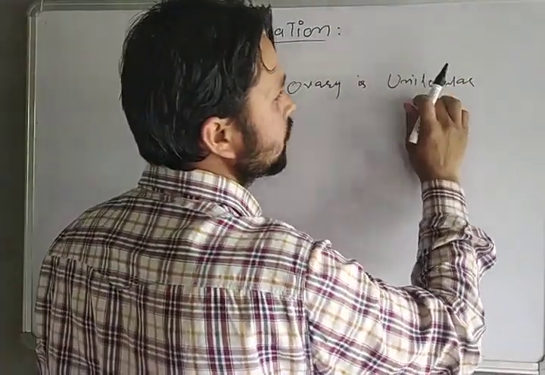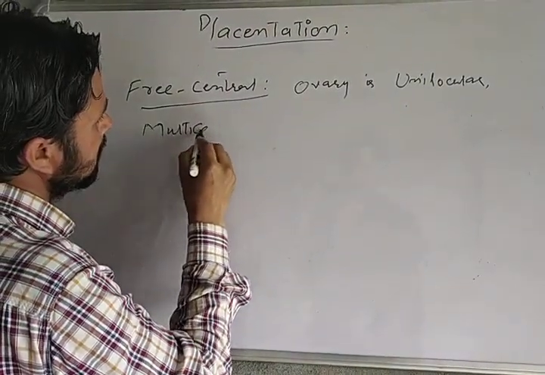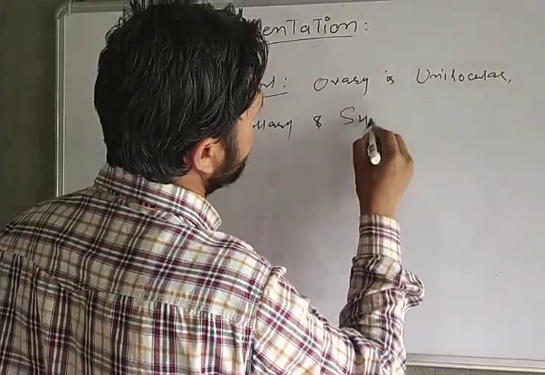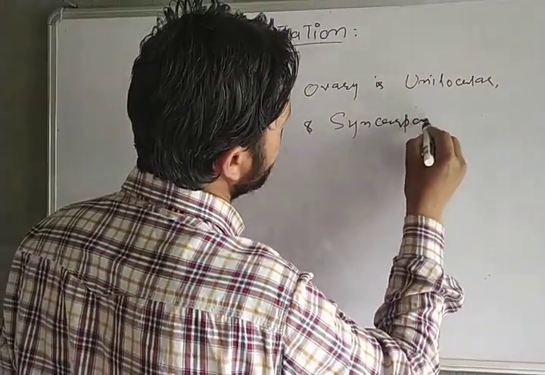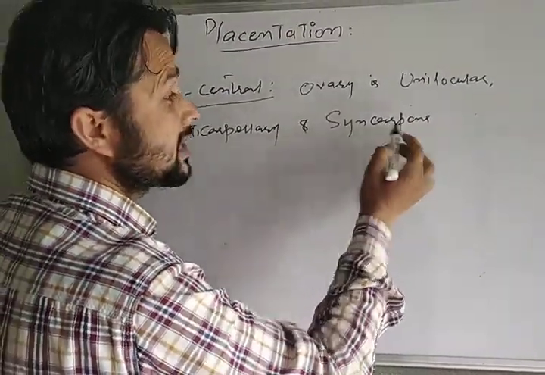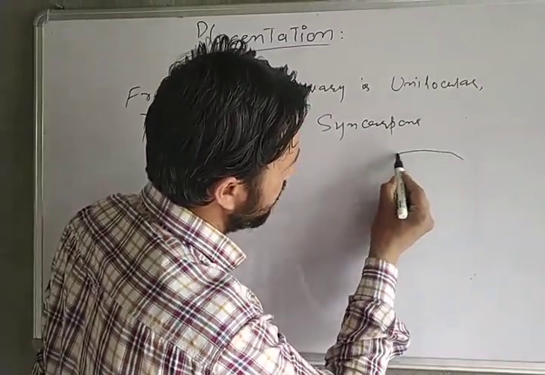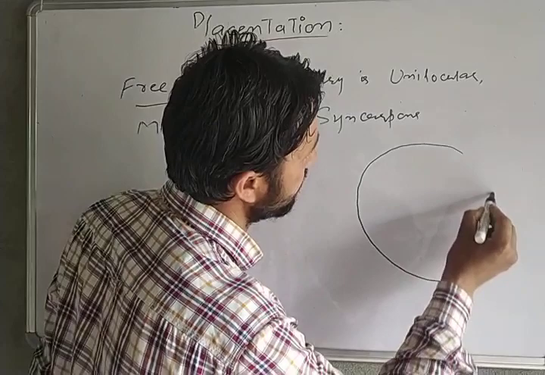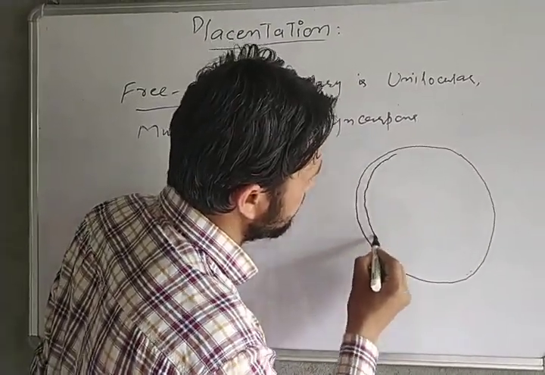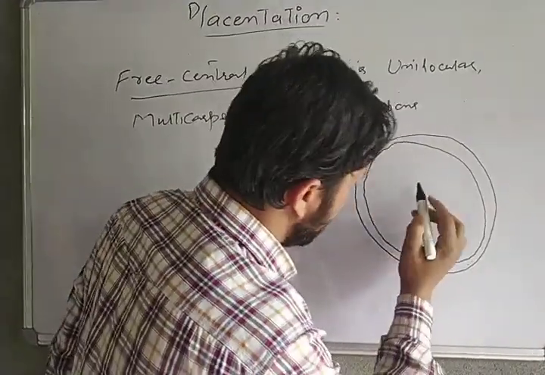Unilocular, multicarpellary and syncarpous. I have explained all these conditions before. So the ovary is unilocular, multicarpellary, syncarpous. Okay, what happens in this? Again, the ovary has a single chamber, that is unilocular. Okay, if we go here, this is single. What happens?